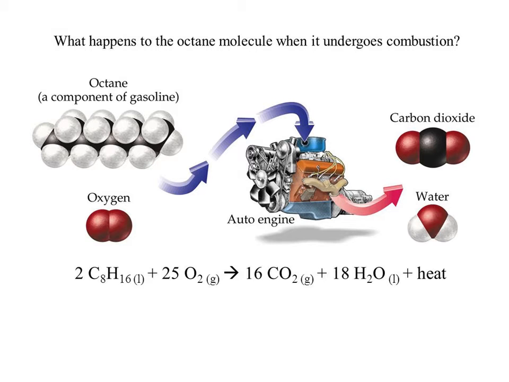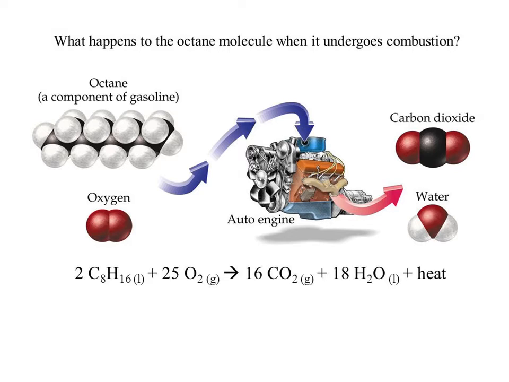So you can take that very simple reaction of CH4 and oxygen to extend it to other types of combustion reactions. A common combustion reaction is when you burn octane in your automobile engine. Octane, like the name suggests, has 8 carbons, but it's still the same principle. You're taking that 8 carbon molecule, combining it with oxygen, and forming carbon dioxide, water, and heat. And that's how your car runs.